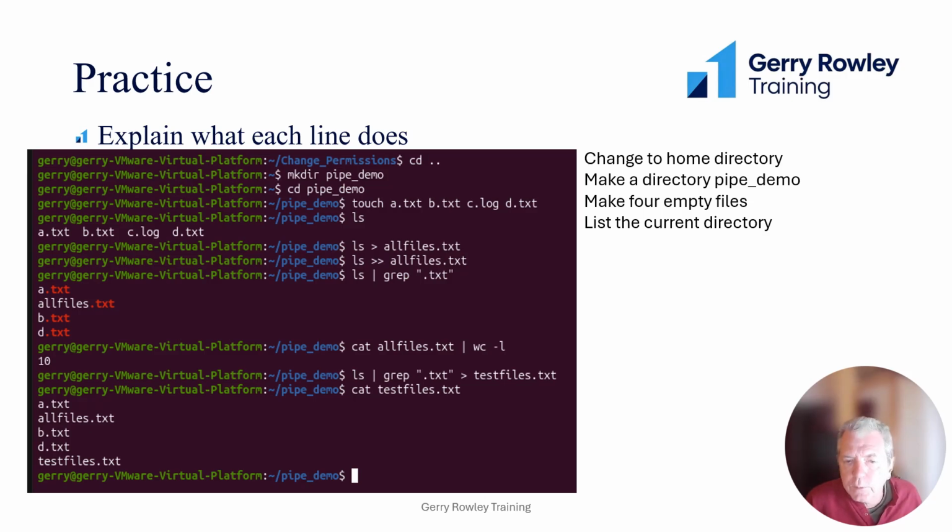So that's putting together stuff we've seen earlier. We're listing the files, we're filtering for .txt, and we're sending the output to testfiles.txt. And then cat testfiles.txt displays the contents. It's probably a good time to pause the video and have a little play with the commands you've seen so far and the man files.